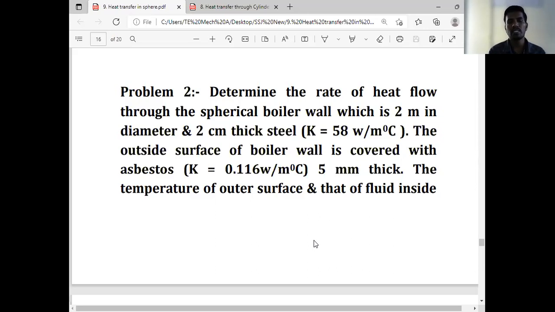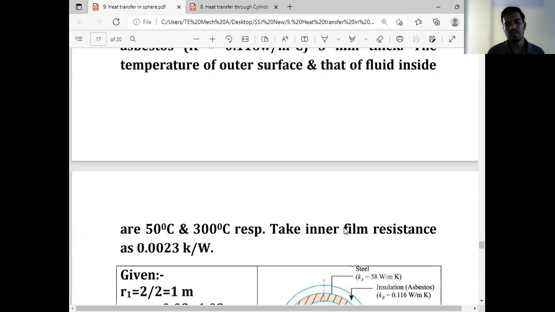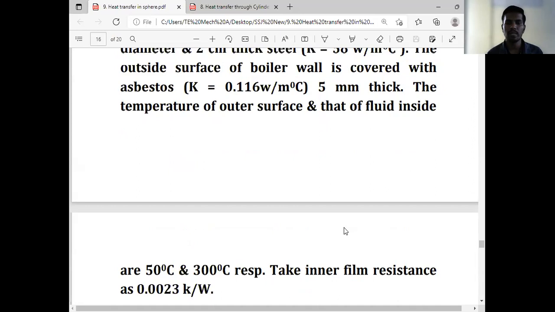The temperature of outer surface and that of fluid inside are 50 degrees Celsius and 300 degrees Celsius respectively.